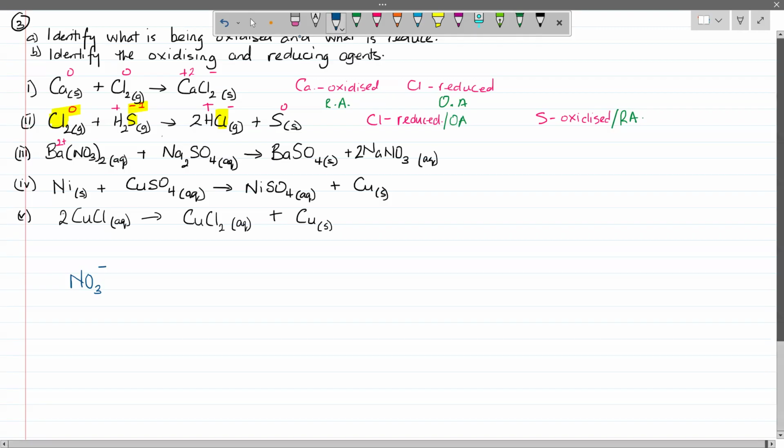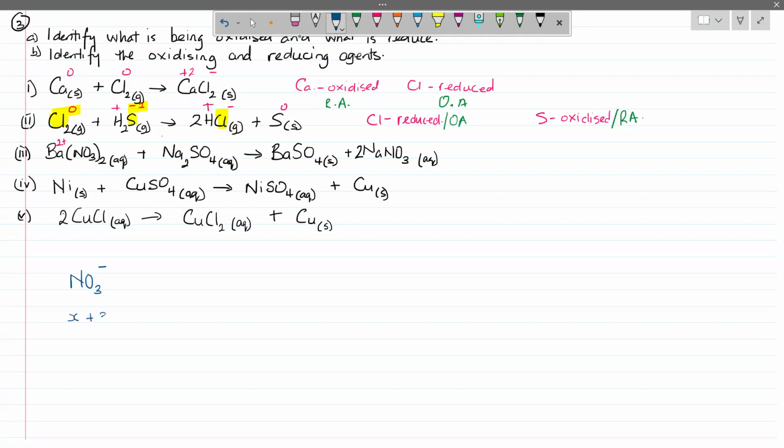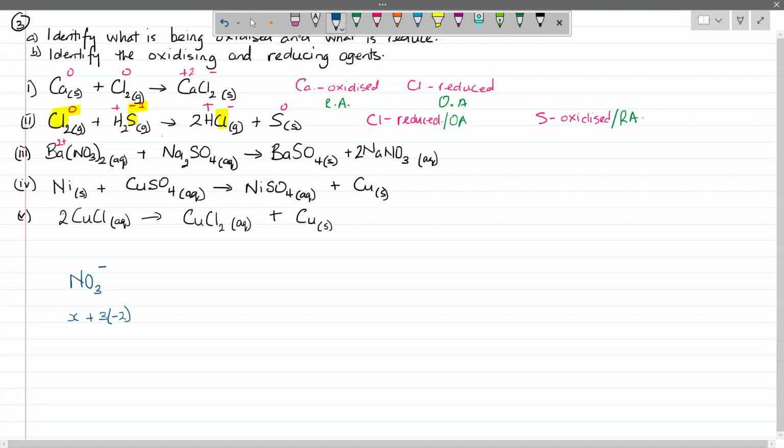So nitrogen will be X minus 6 is equal to -1. X will be equal to 6 minus 1. X will be equal to +5. So we know that this is a +5 here. This is a -2 here.